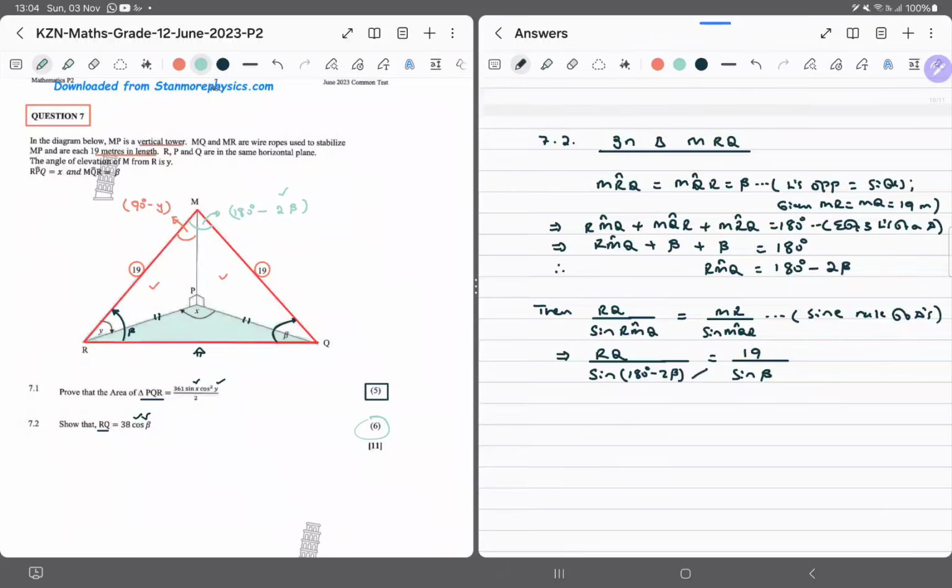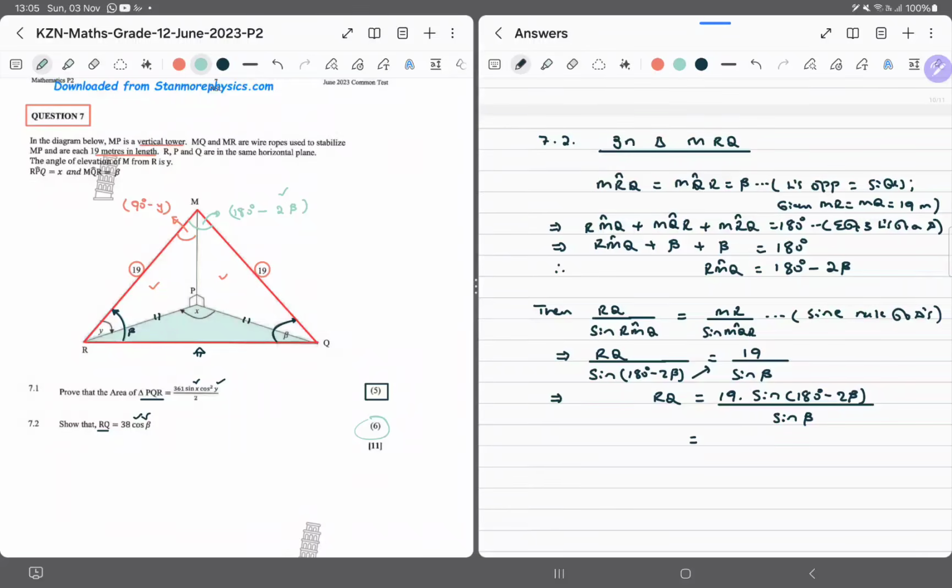Now we just cross multiply that there. So we go on and see. Now what do we have? We've got RQ is going to be 19 times the sine of 180 degrees minus 2 beta over sine beta.